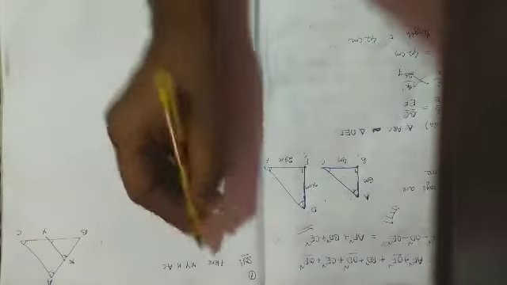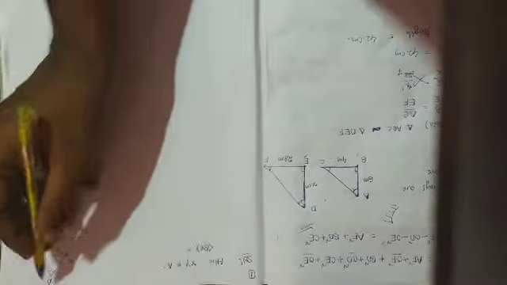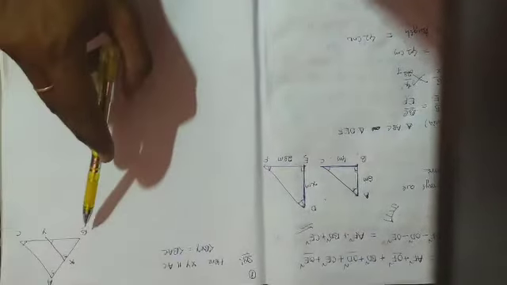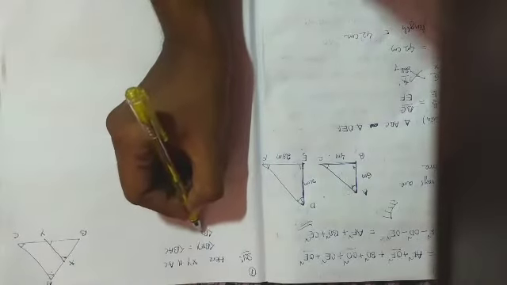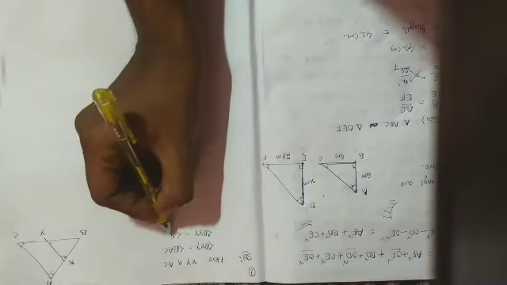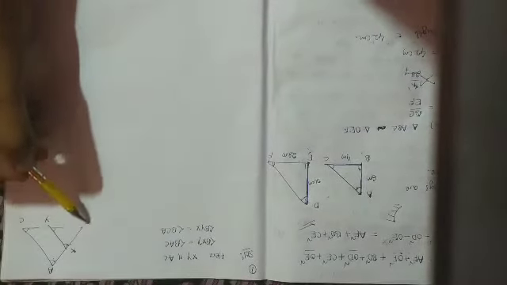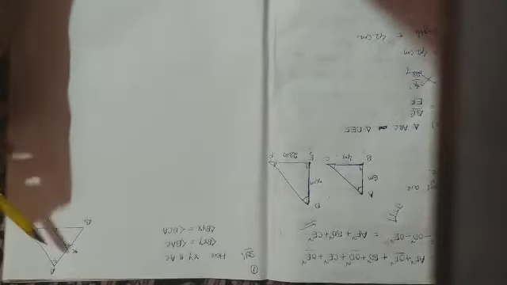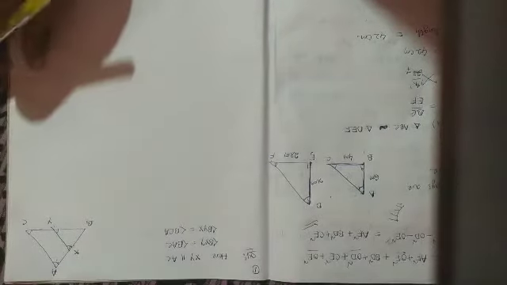I can write here angle BXY equals BAC, and also BYX equals BCA. Now in triangle BXY, these two angles equal these two angles of triangle ABC. So in this triangle two angles are equal, by the angle similarity criterion.